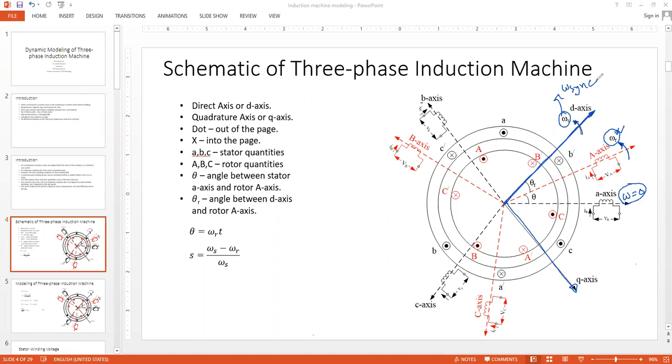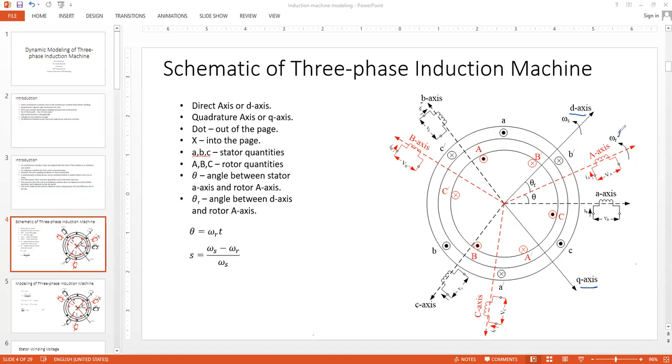I hope it is clearer now after this diagram has been discussed. So this is our dq axis now, which is moving at synchronous speed. So again, this is moving at synchronous speed, this setup, d and q. Omega r is the speed of the rotor coils or the rotor setup.